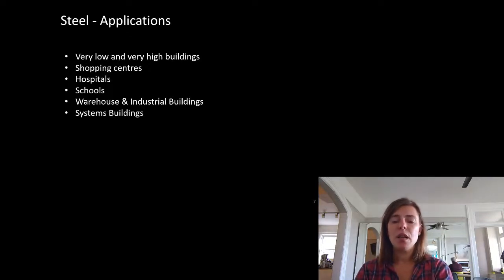Systems buildings. You might have heard of something called Balin buildings or Butler buildings. They have different names depending on who the local rock star is in that application. But those are buildings where the architect relinquishes a lot of control on what the building might finally look like.